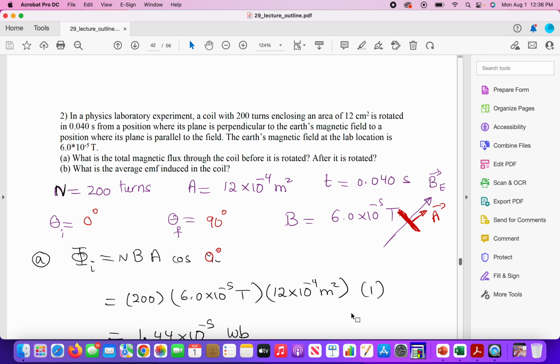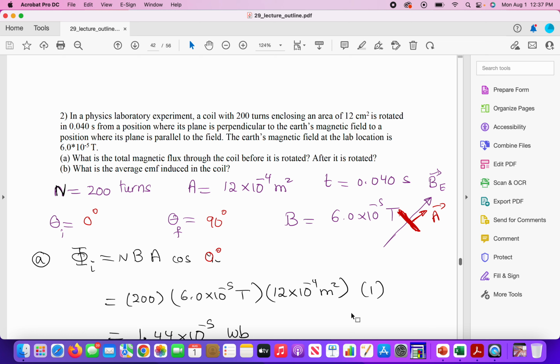In this one, in a physics laboratory experiment, a coil with 200 turns enclosing an area of 12 square centimeters is rotated in 0.040 seconds from a position where its plane is perpendicular to the Earth's magnetic field to a position where its plane is parallel to the field.